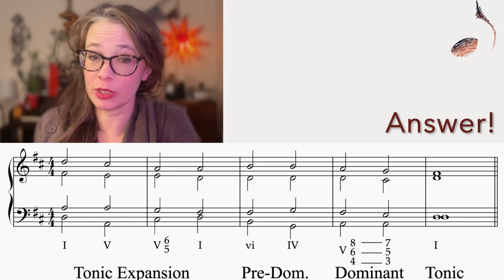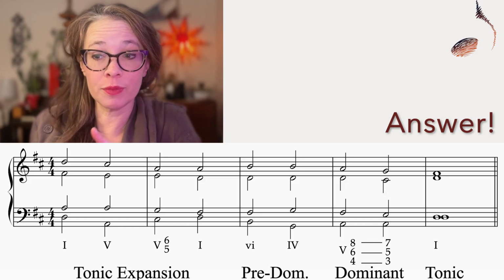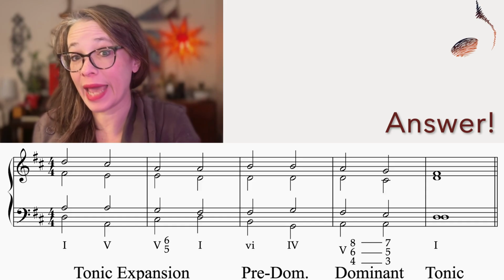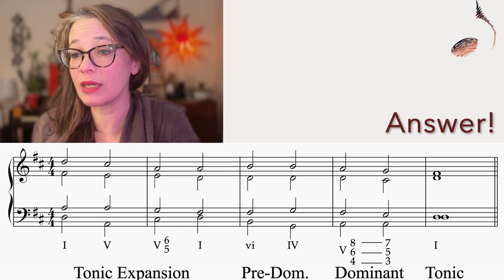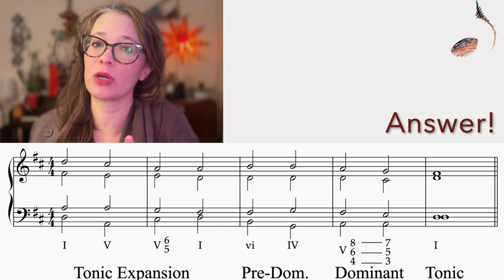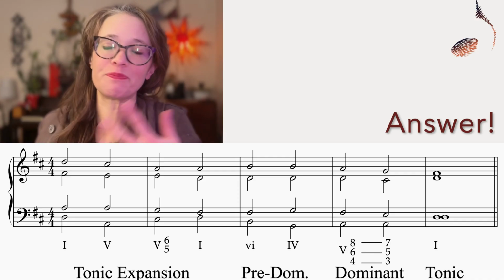Some teachers will have you label it as a 1, 6, 4, and then the 5, 7 with a bracket 5 underneath. Some might have you label it as a CAD 6, 4 followed by a 5, 7. Or the way that I'm labeling it here with the 5, 8, 6, 4 resolving to the 7, 5, 3.